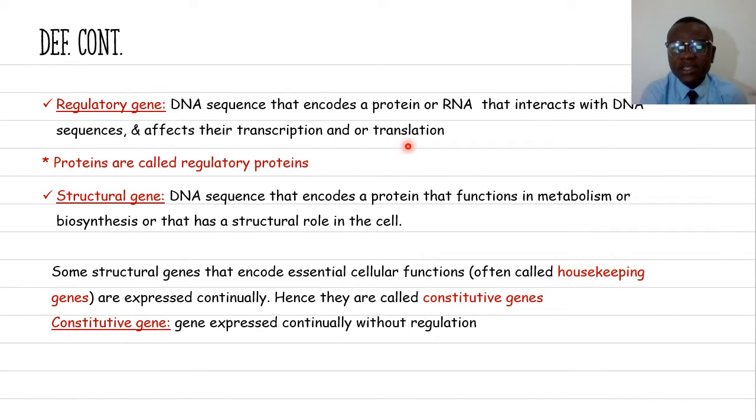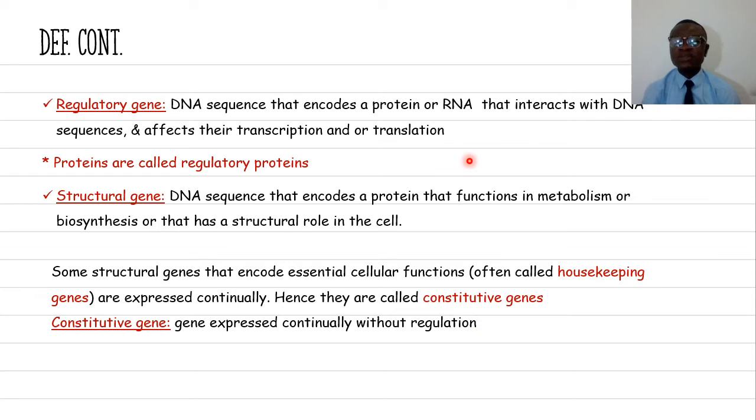So the definition of our terms continues. Next, you have the regulatory genes. The regulatory genes are usually a sequence of the DNA that will code for proteins or RNA. The proteins that are coded for will interact with a DNA sequence and affect the transcription of that particular DNA sequence.